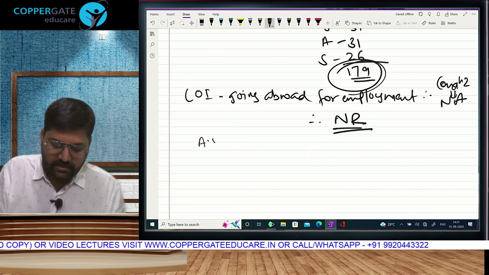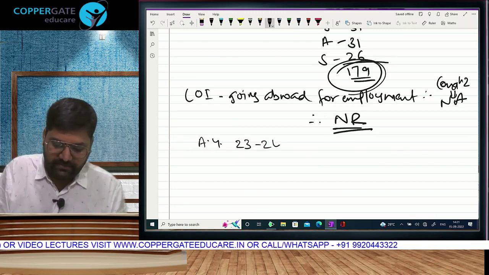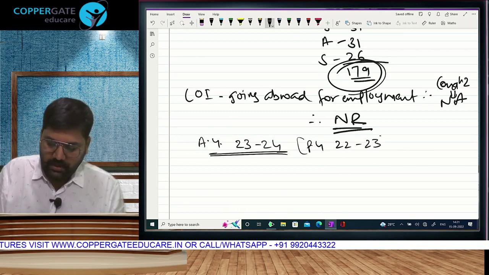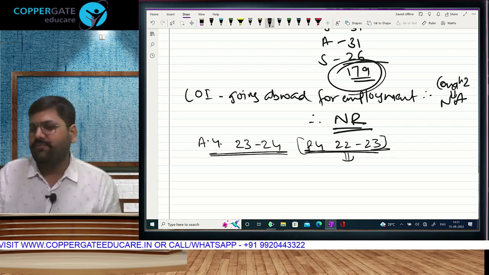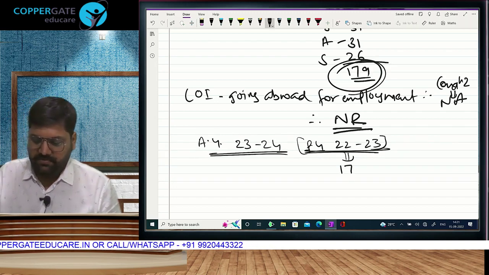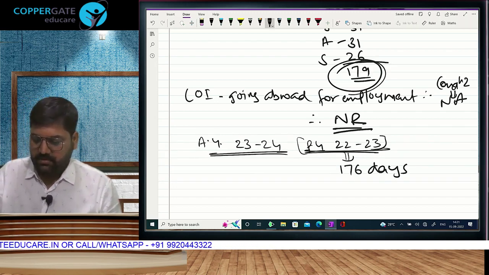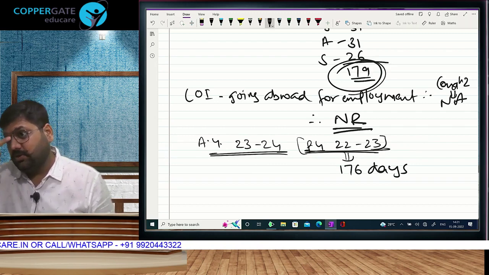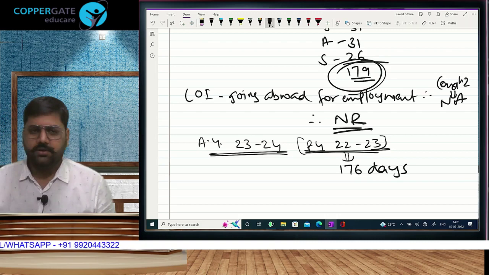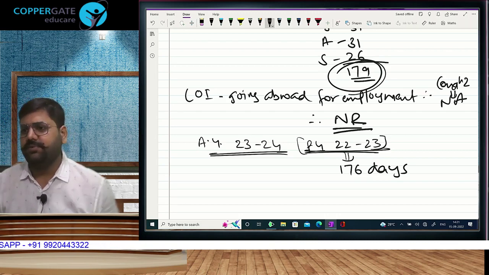If yes, तो assessment year 23-24, which means previous year. I think here तो they don't have, you have not been given when he came, when he went. They have just given you 176 days. So current year means the previous year for which we are checking. 22-23. 182 has not taken place.